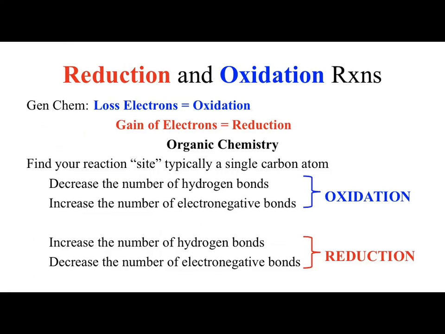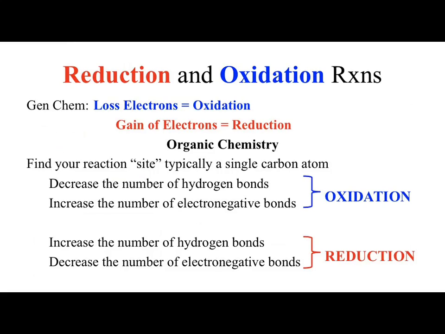The homework said neither as oxidation. I would have to go to the problem to specify it, but you can have these both occur at the same time. You have to make sure you're careful where you're looking, though.